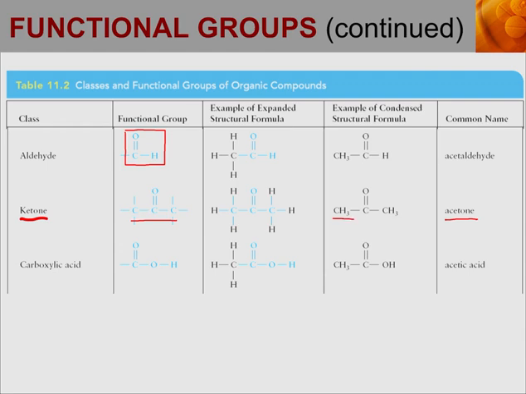So acetone looks like that. Now, what if you have a carbon with a double bond to oxygen and it has an OH group on one side, like this example here? We call this a carboxylic acid group. And a really common example for a carboxylic acid is acetic acid, which is found in vinegar.